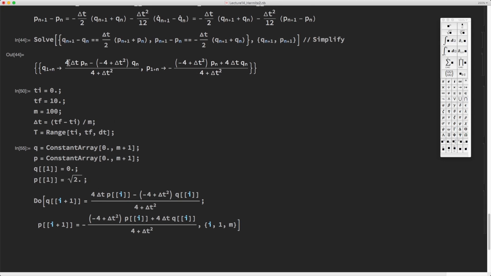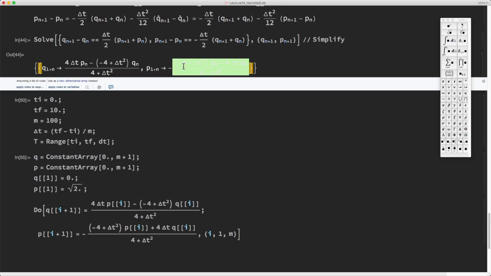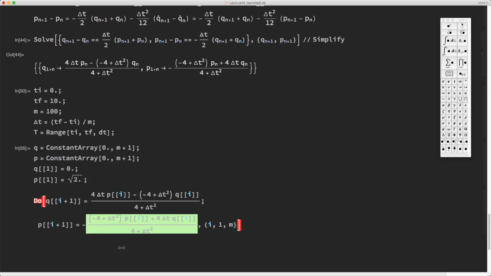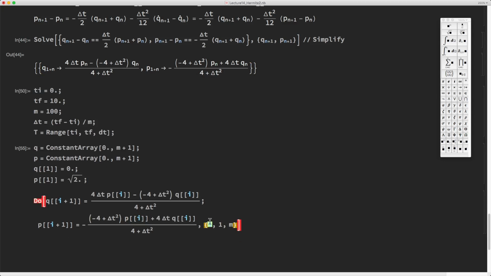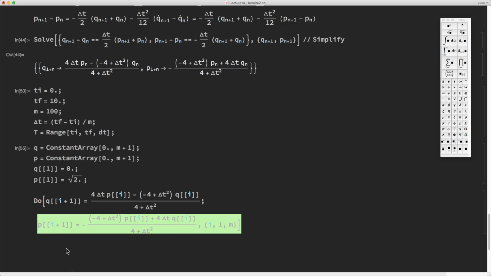Here I have just copied and pasted this expression and this expression into here, and instead of n I used i as an index, and then q of i is the previous step and p of i is the previous value of the momentum, and q i plus 1 and p i plus 1 are the future values of the momentum.